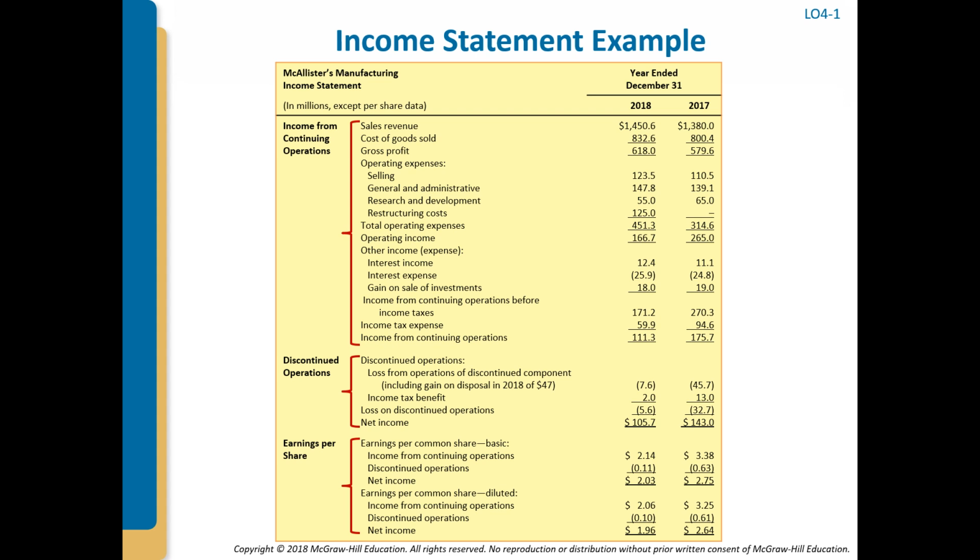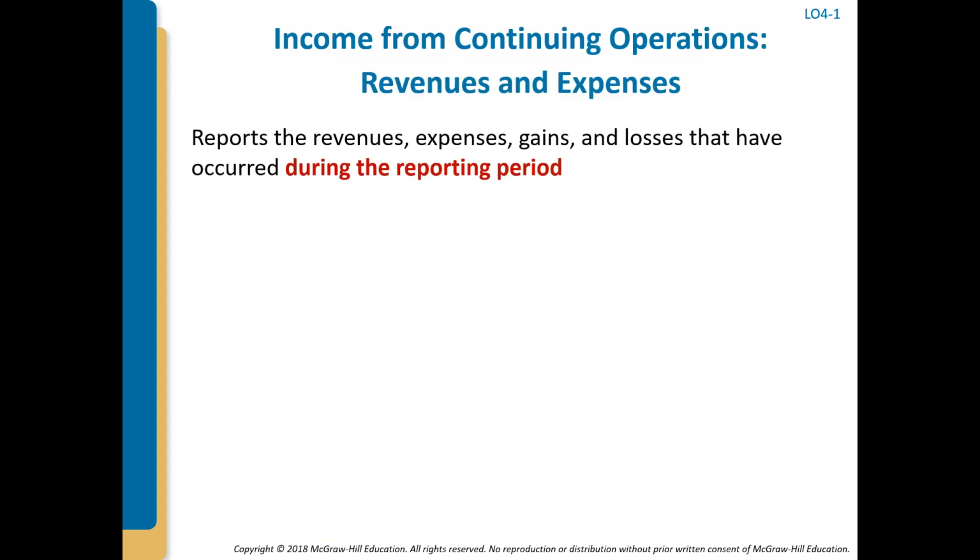We can see that income from continuing operations, and this is the discontinued operations, and this part speaks about the earnings per share. Income from continuing operations reports the revenues, expenses, gains, and losses that have occurred during the reporting period.